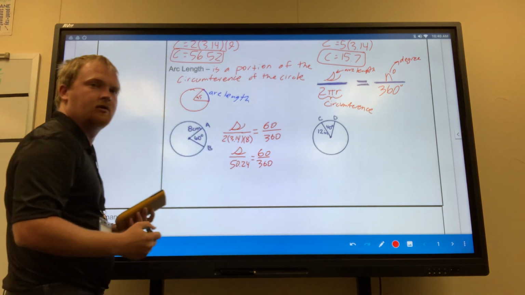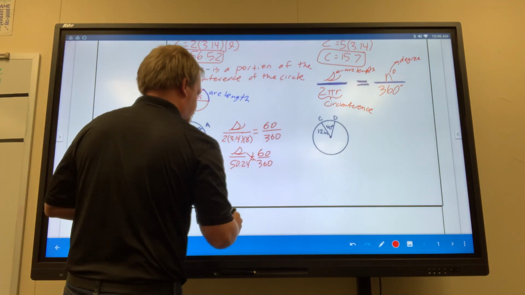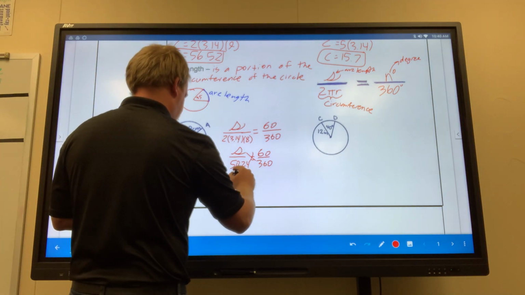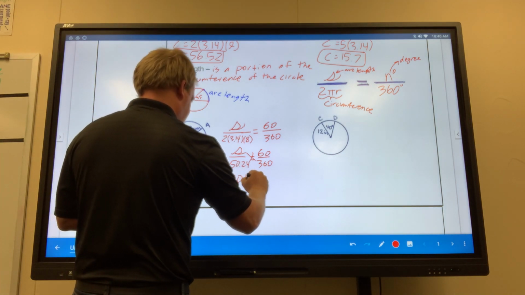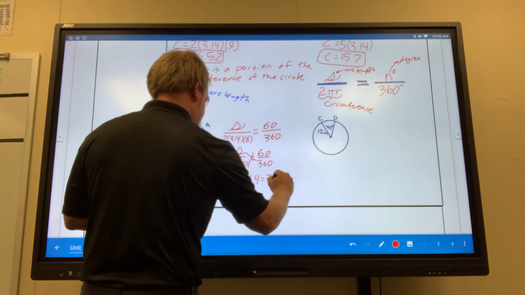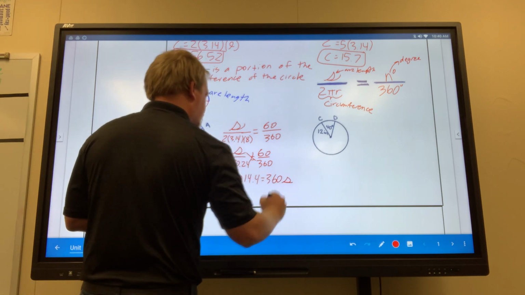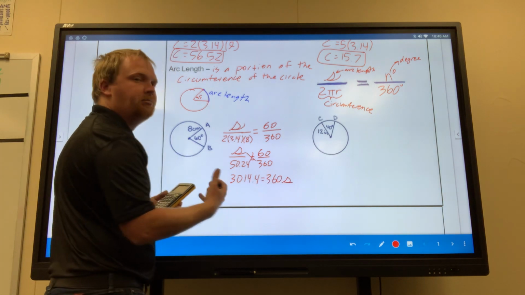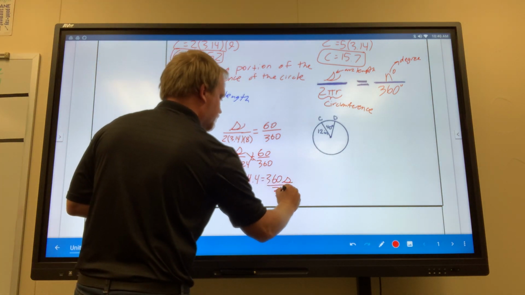Just like that. So then I just have to cross multiply. That's going to give me 3014.4 equals 360S. Which, remember, 360 times S, I'm multiplying, so I have to divide.